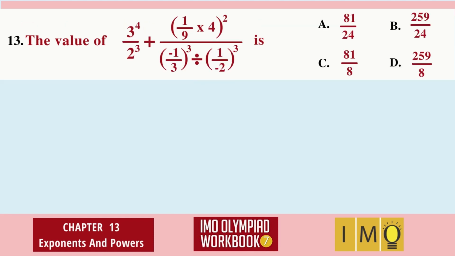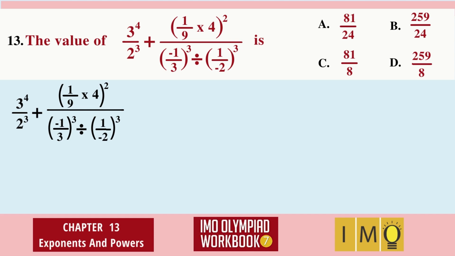Next, question number 13. Let's find the value of this expression. Here, the first term, 3 to the power of 4 by 2 to the power of 3, looks simple when compared to the second term. So first, let's solve the second term.